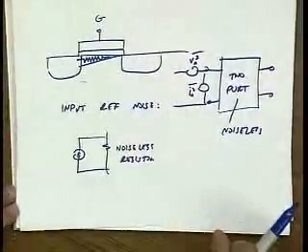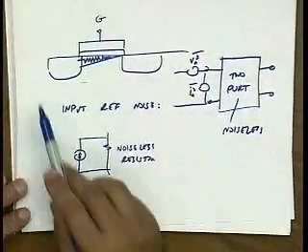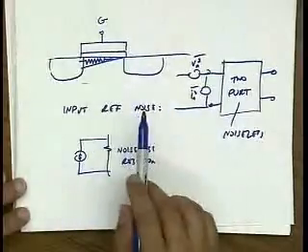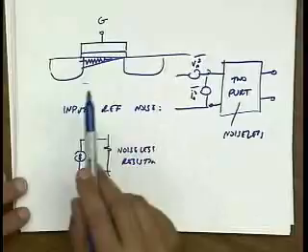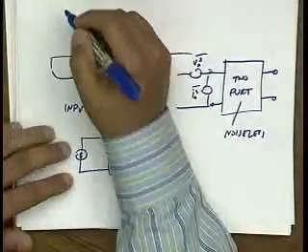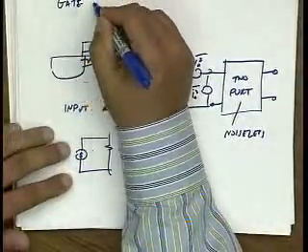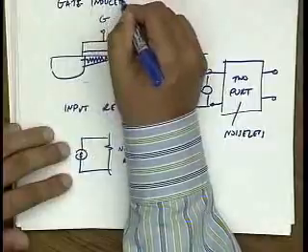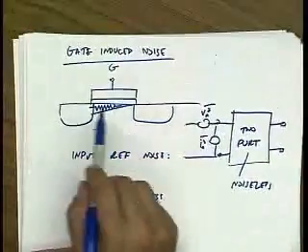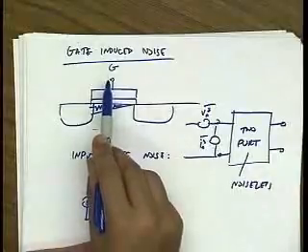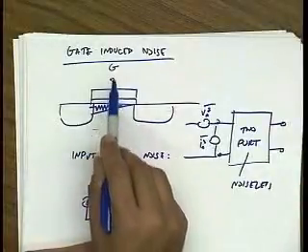But let me just warn you that when you look at your transistor as a two-port, you find that at the gate, the noise is more complicated. And this is due to gate-induced noise. So the intuition behind gate-induced noise is that if I look at this gate, then there's going to be some noise voltage on it.